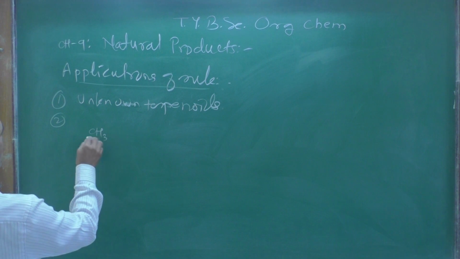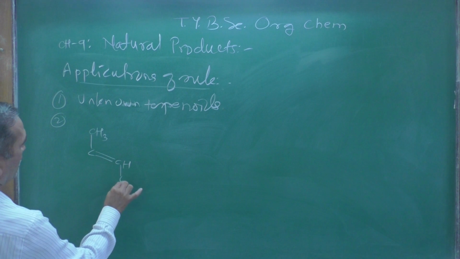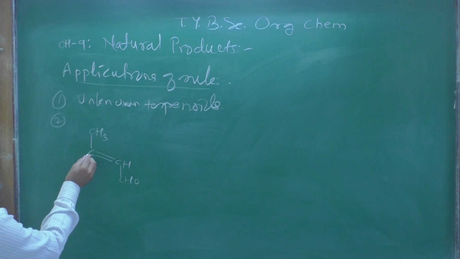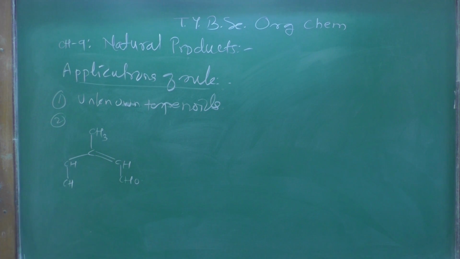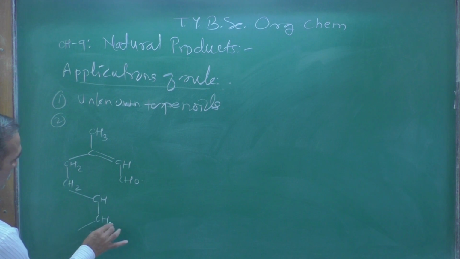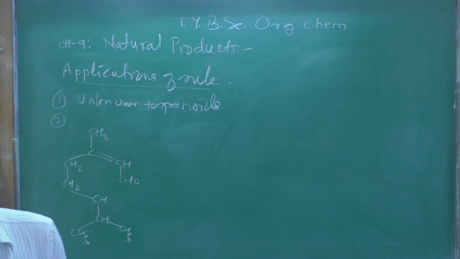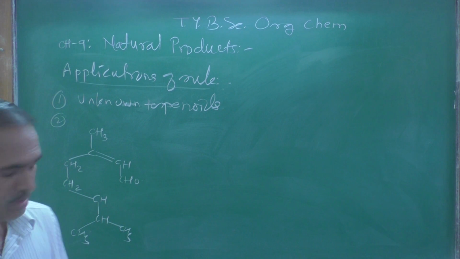Number one: CH3, then C, here double bond CH, and then CHO, then this side CH, then CH, again here CH2, then here CH, then CH, then CH3, here also a CH3, then CH2.